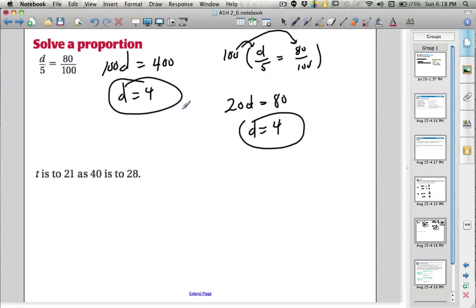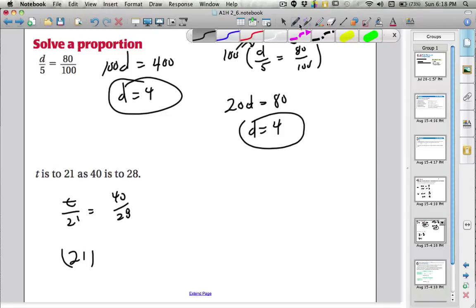They're both correct. So if we look at a different proportion, t is to 21 as 40 is to 28. And again, we can go ahead and cross multiply 21 times 40, I could do that, but it does seem like it would be a lot easier if I simplified this first, right?